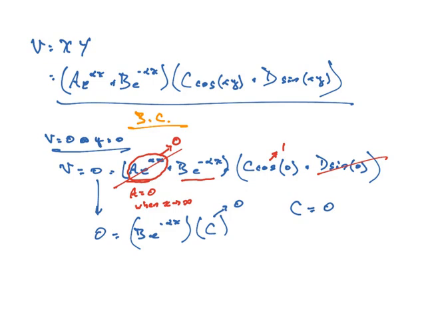And one of the things you have to use as a, quote, boundary condition, but it's more of a physical principle, is that the wave function must go to zero at infinity. The wave function must die out at infinity.